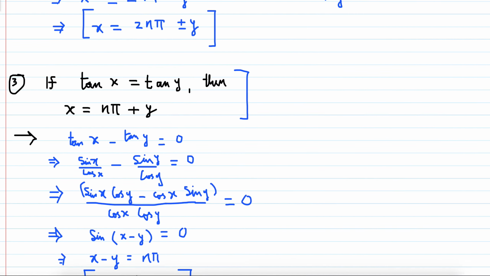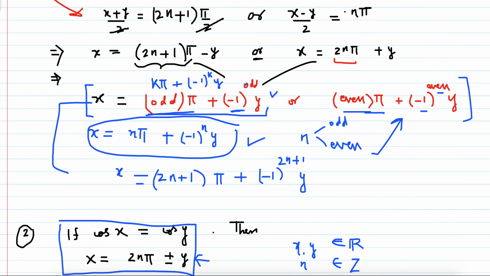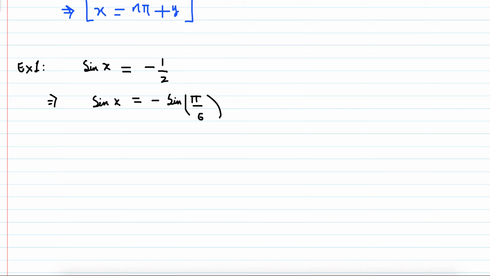So it's still not in this form. We need the form sine x is equal to sine y. Here we are getting minus sine pi by 6, so y is pi by 6, and we have to remove this minus sign. We know that sine pi plus theta is equal to minus sine theta.